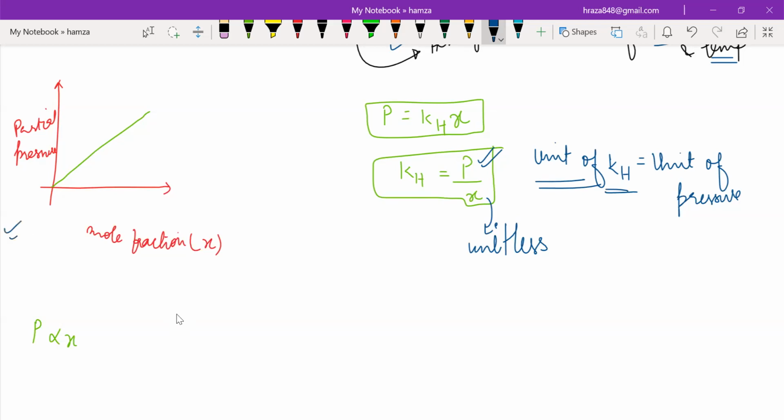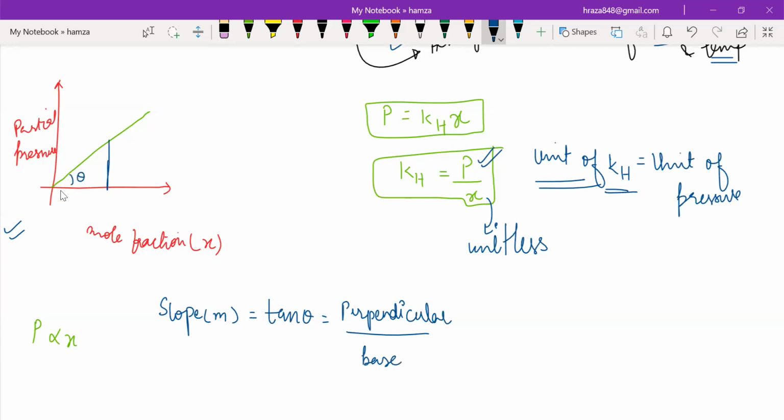Now come to this graph, we will talk about slope. Slope is denoted by m, and how do we calculate slope? Slope is calculated by tan theta, and from class 10th you have learned that tan theta is equal to perpendicular upon base. If you have theta here, this will be the perpendicular, which represents partial pressure, and this base represents mole fraction.